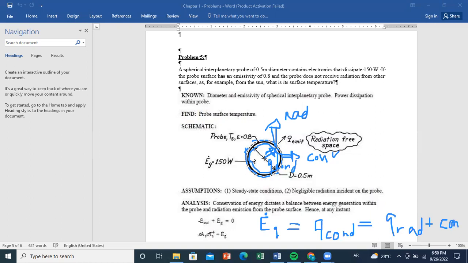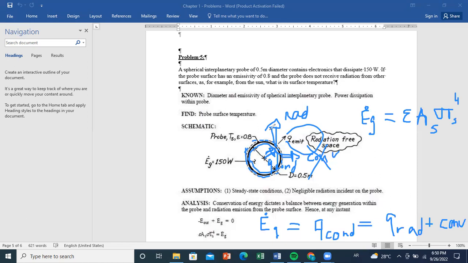Here it's much simpler because we don't have convection. They didn't mention that we have a flow over the system. So we can simply say that the generated flux will be lost by just radiation, which is Q emitted, and it's equal to epsilon times area of the surface times sigma times temperature of the surface to the power 4.